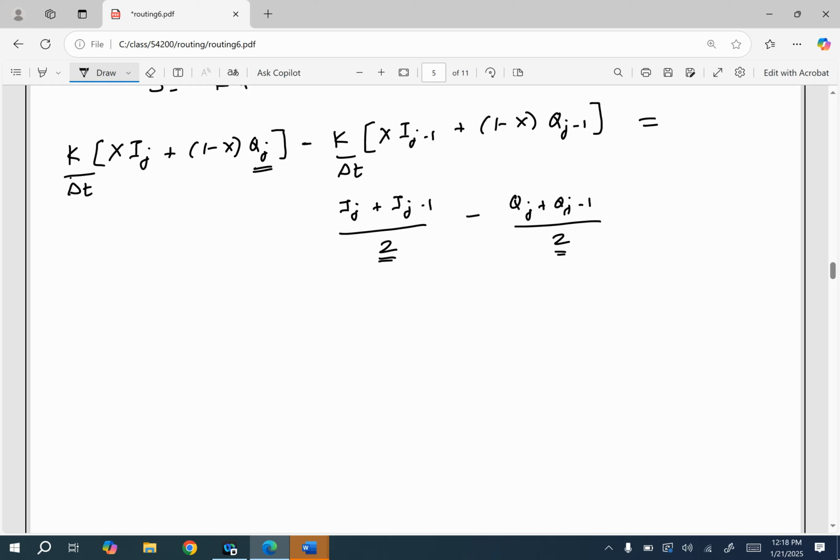So if I do that, I have 2K over delta t times (1 minus X) Qj on this side, and then I have Qj on this side also. So this is minus here, which means this will become plus on this side.